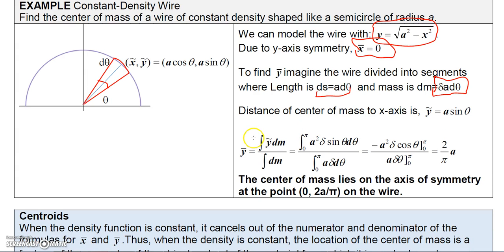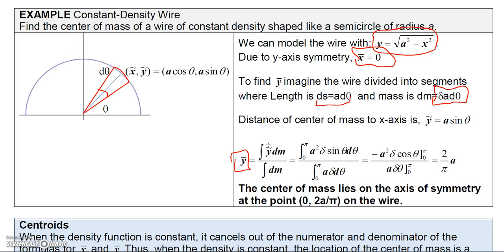And now to get y bar, we integrate y tilde dm, and we're going to integrate from 0 to pi. In other words, we let theta go from 0 all the way over to pi, which makes the sectors go all the way around.